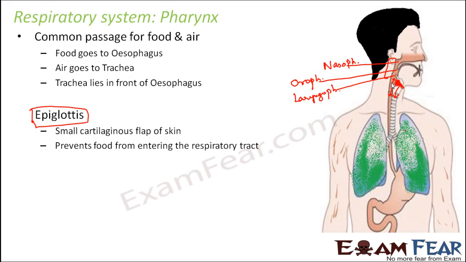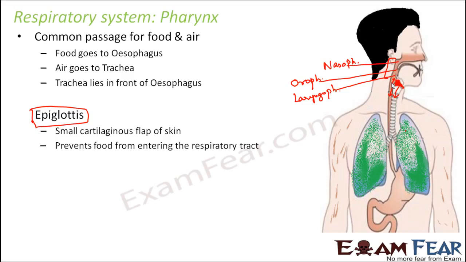Now, if by any chance food enters the respiratory tract, you would have often seen that while eating very hastily or very fast, sometimes food gets stuck somewhere near your throat, and you suddenly start to cough. That happens when a minute particle tries to get inside your trachea and you suddenly start to feel suffocation.